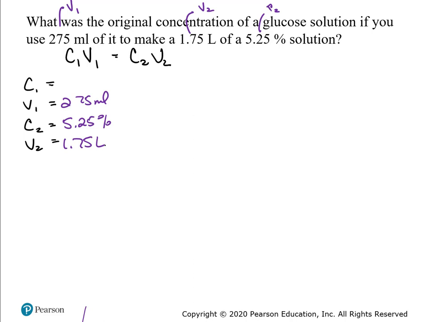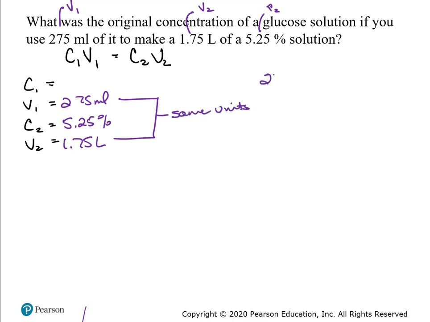So the one thing to note, you see you have milliliters and liters. So if those units don't match, you've got to make them match. Okay? You don't have to worry as long as both are concentrations, both percents, or volumes, both liters or milliliters, and you can use either. You can convert 275 to liters, or you can convert 1.75 to milliliters. It really doesn't matter because they're going to cancel. Just make sure that these have the same units.